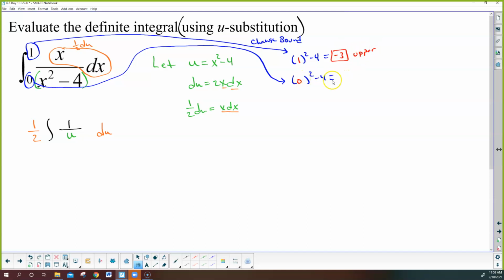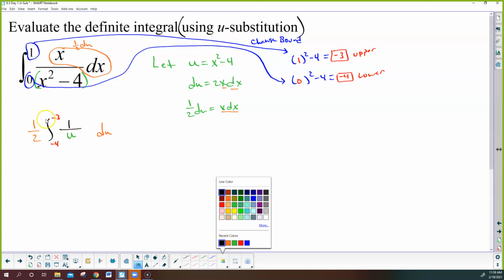My upper bound. 0 minus 4 is the lower. And again, I don't care what these numbers are, right? If this one was really small and this one was really big, I don't care. I'm going to put them exactly where they're told to go. So the upper stays the upper no matter what the number is, same with the lower. I don't care about flipping the bounds anymore because we're just doing the antiderivative now.